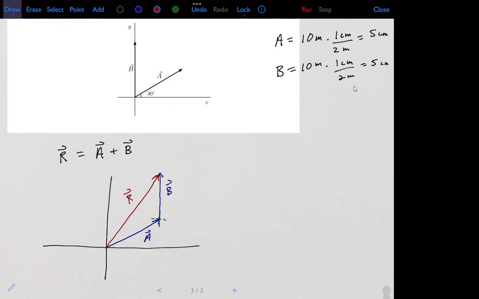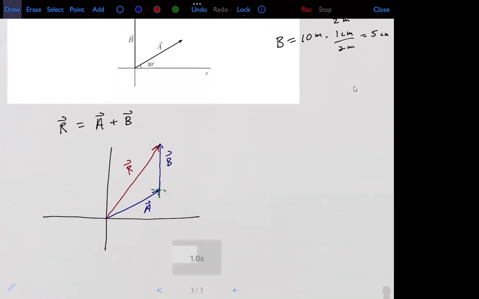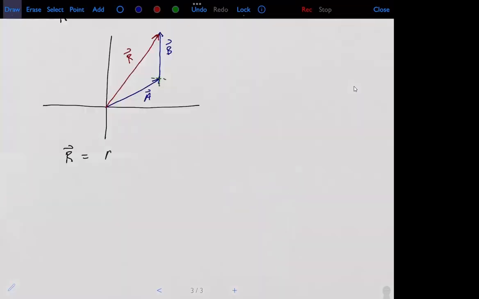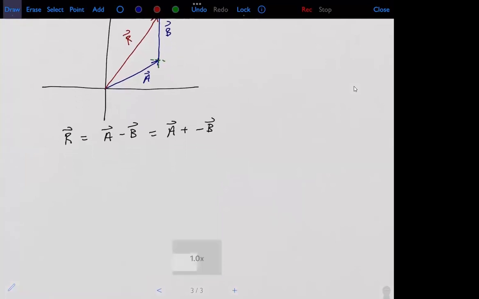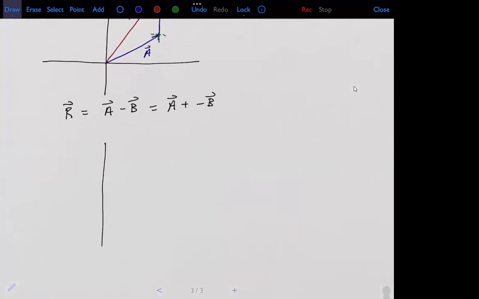Okay, what's the next one? A minus B. So remember, A minus B is the same as A plus negative B, right? A plus the opposite of B. So in this case, if I started with A again, that's going to be in the first quadrant.